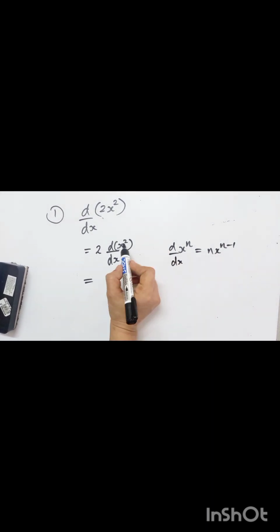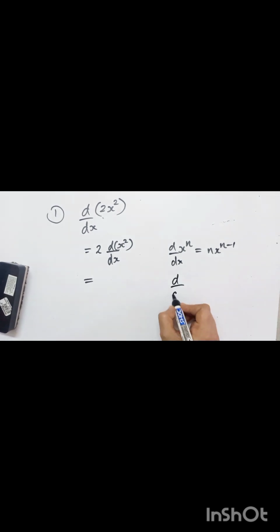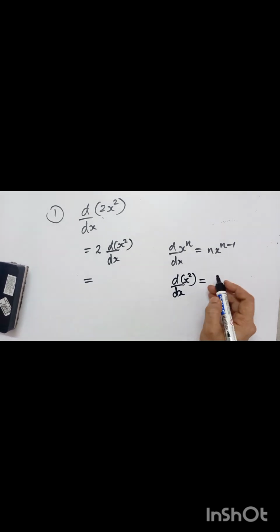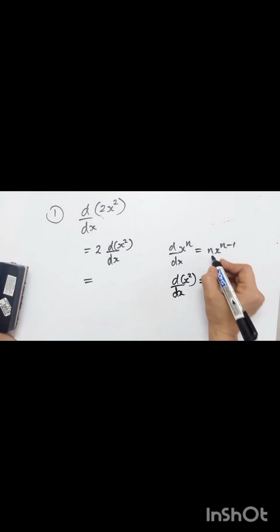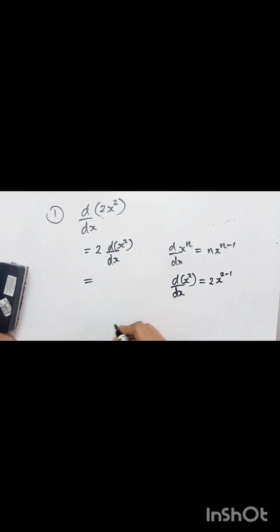Here instead of n, we have 2. So d by dx of x square is n x to the power n minus 1; instead of n we write 2 x to the power 2 minus 1, that is 2x to the power 1, or simply 2x.